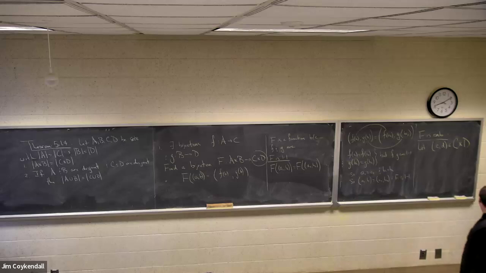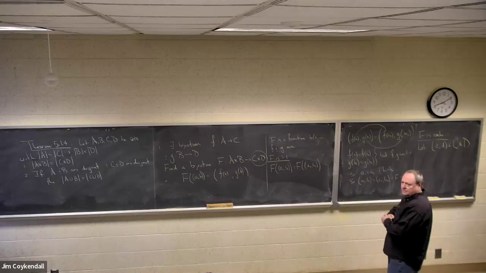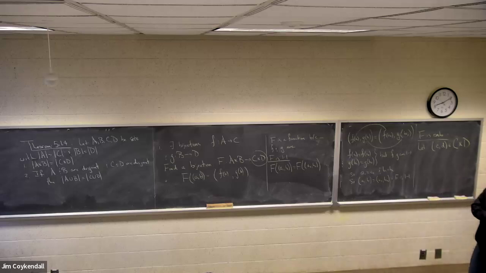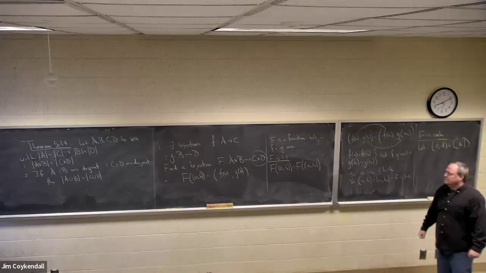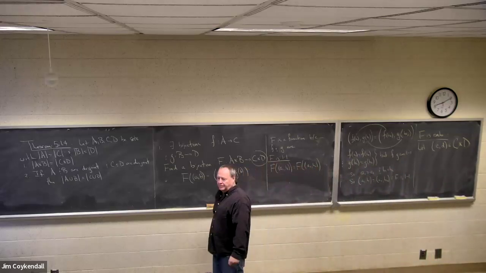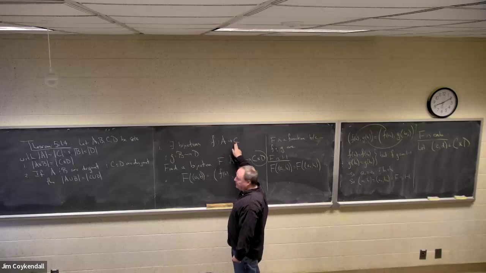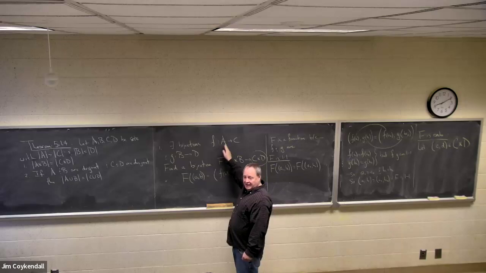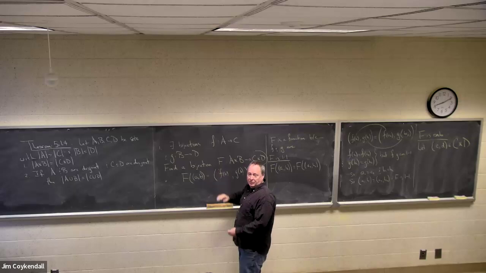Well, how are we going to find something that goes to it? Where does c live? c lives here. And what do I know about f? It's a bijection, and in this case in particular, it's onto, right?